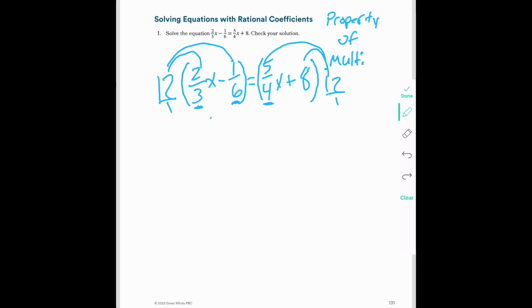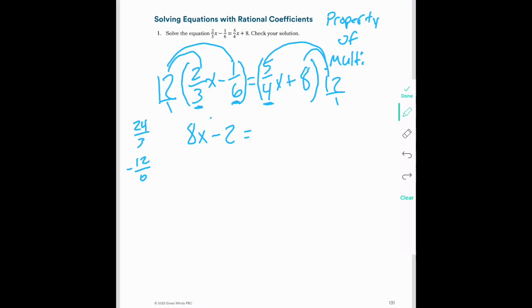So if we do the first equation here, that would end up being 24 over 3. We know that 24 divided by 3 is 8. So this would be 8x for the first one. Then if we do the second one, that would be negative 12 over 6. We know that 12 divided by 6 is 2, so this would turn to negative 2.